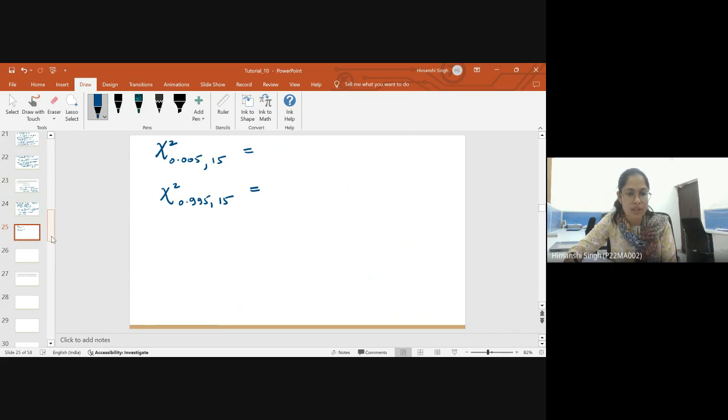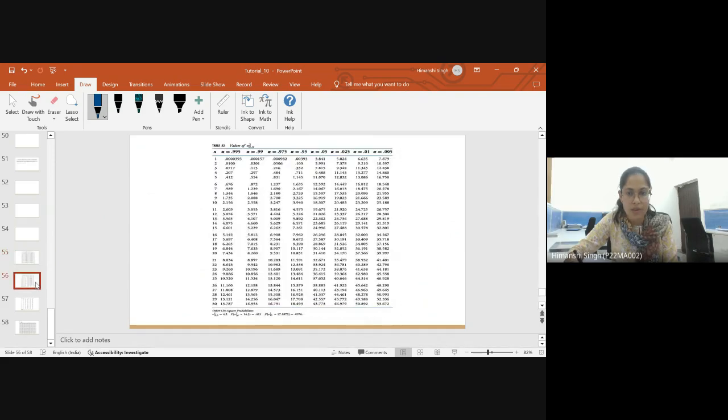Now we will find this by using the chi-square table. How will we do that? We have this chi-square table where the alpha value is 0.005, and we have degrees of freedom 15.